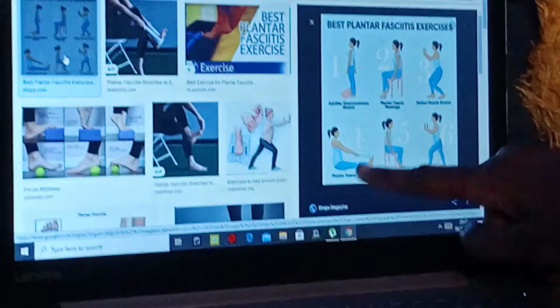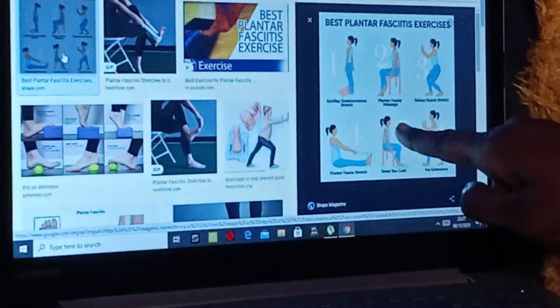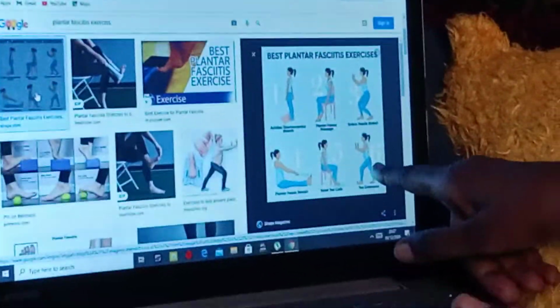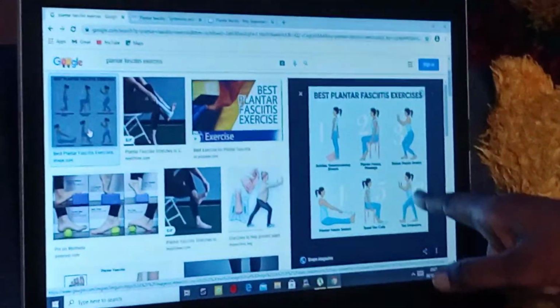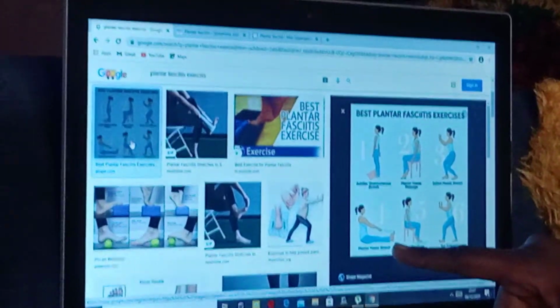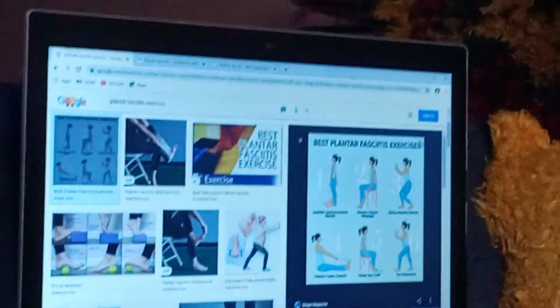We have the plantar fascia massage. All these are enabling you to massage or to provide a comfort application on the fascia or the affected tendons on your feet.